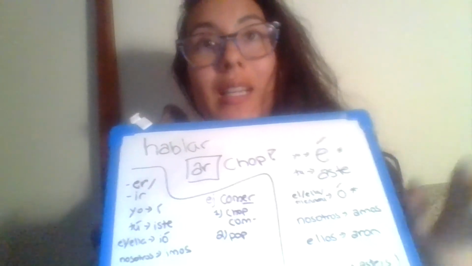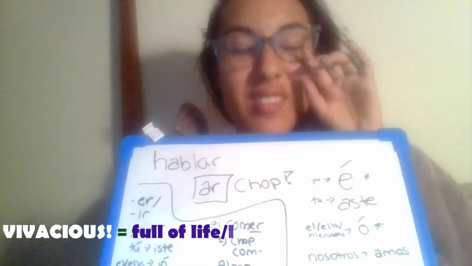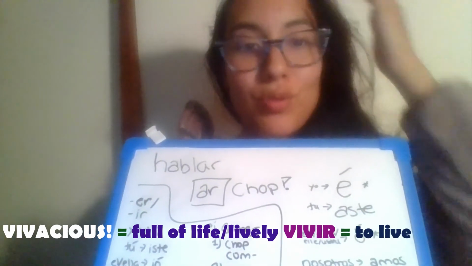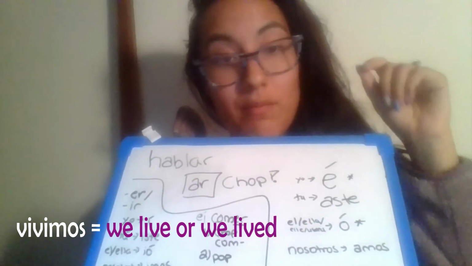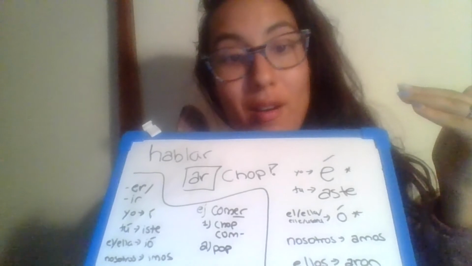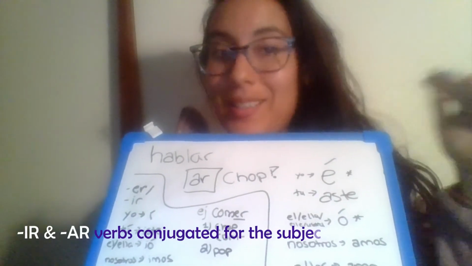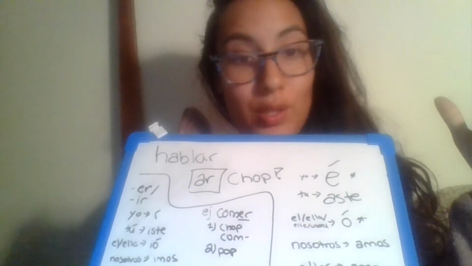And if we have something like vivimos, vivir means to live, like vivacious. If we have vivimos, it means we live or we lived. Okay? So those two, IR and AR verbs, stay the same in present and in preterite for nosotros.